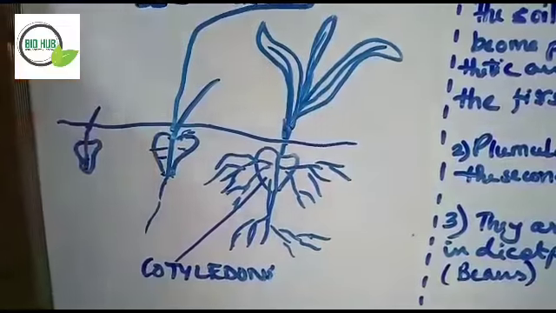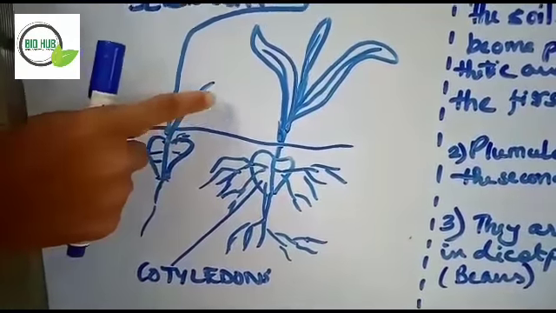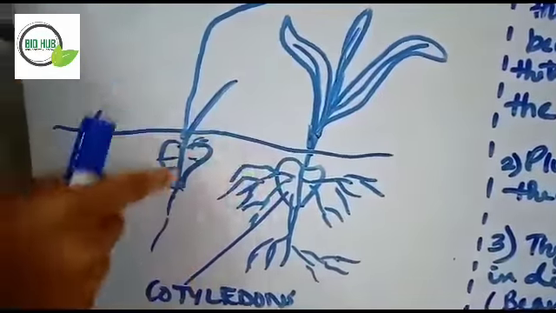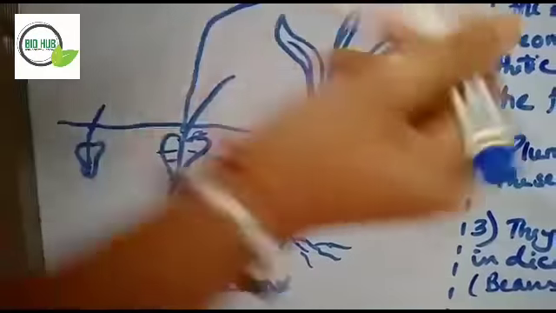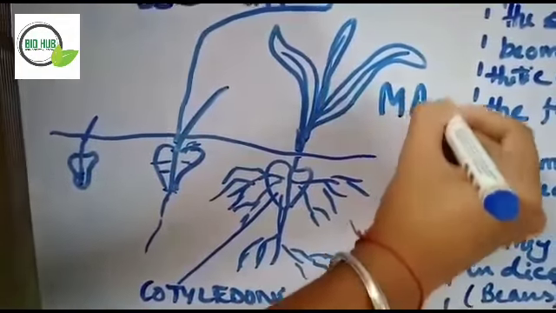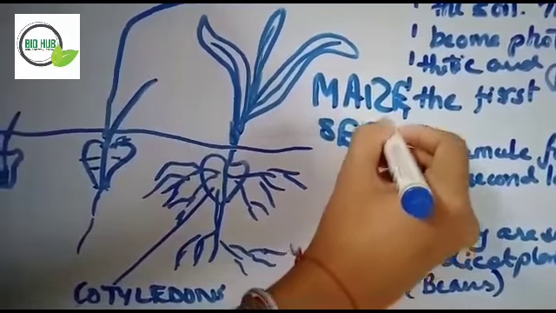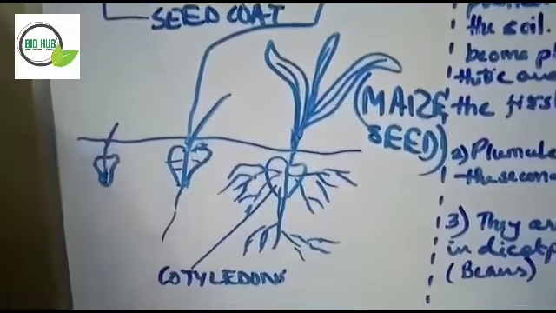But here the cotyledons will not form the first leaves, rather the plumule will form the first leaves, and the cotyledons will remain inside the soil or below the soil. This is an example of the maize seed which you have in your syllabus. So this is hypogeal germination.